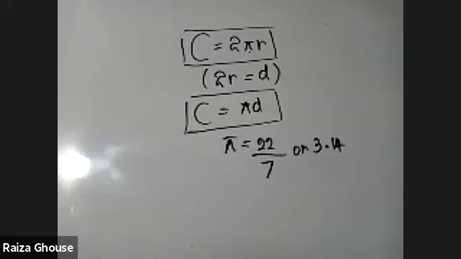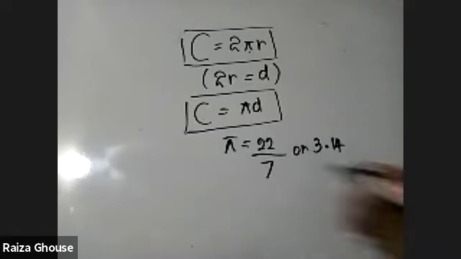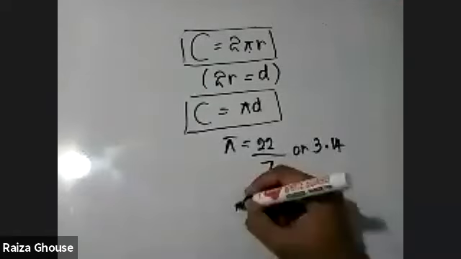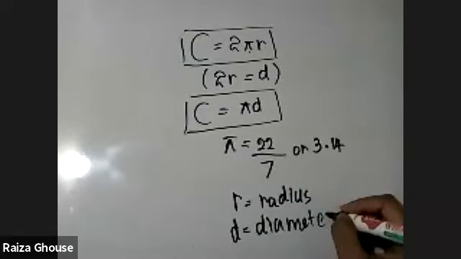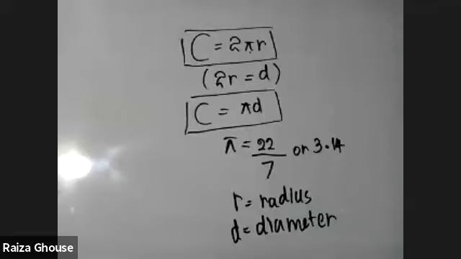Right. Now copy down these formulas below that diagram. If anyone doesn't know what is r, I'll write again. R is radius, d is diameter. Write them also if you don't know.